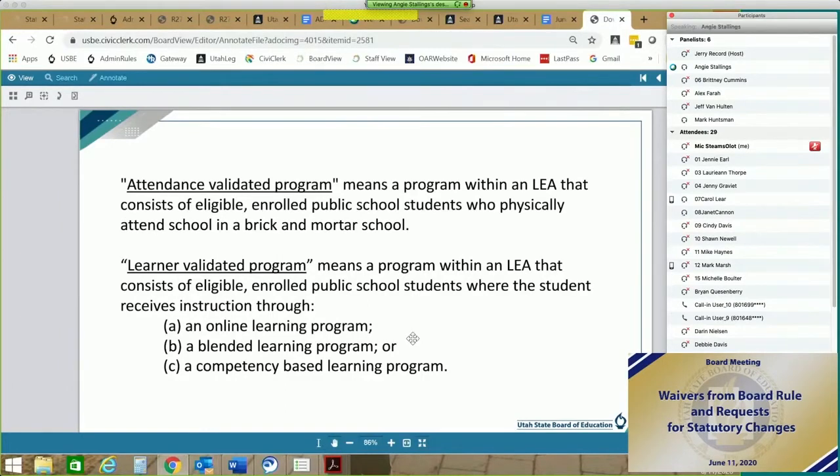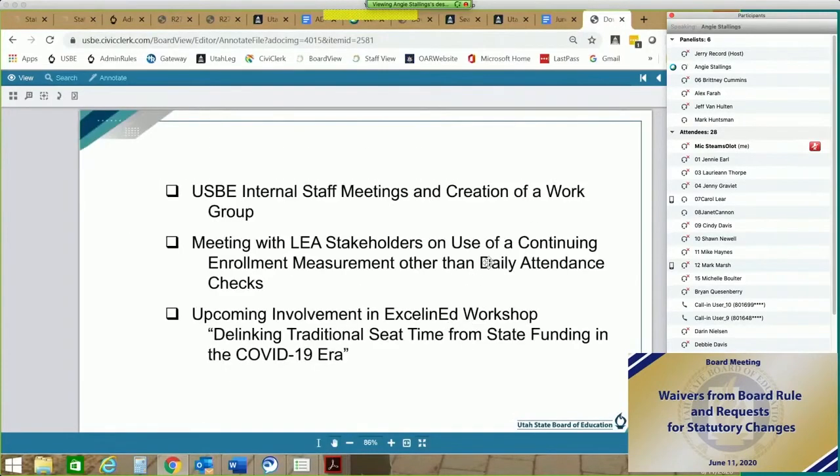Programs or membership can be validated through attendance, or it could be validated through the learner's progress along either competencies or finishing projects or logging in to a system or having some face-to-face or virtual interactions with their teachers or fellow students. So that's the work that you've already done that can support us moving to rethinking what the 180 and 990 look like moving forward.